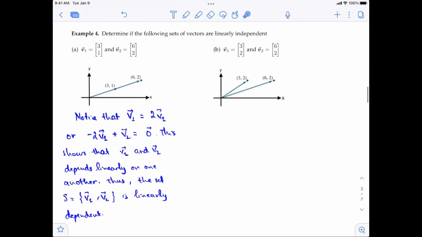Now moving on to the second part of the problem. Now you have two different vectors, v1 equal to 3, 2, and v2 equal to 6, 2. So this is v1 and this is v2. And graphically, you can see that these two vectors do not lie on the same line, right? They are on different lines, so they are two different vectors going in two different directions, right? And we can say that v1 and v2 are not multiples of one another.